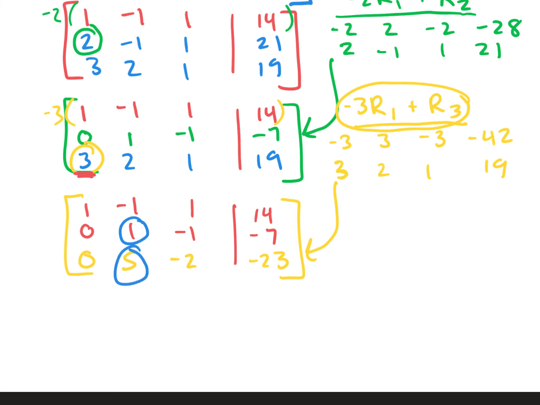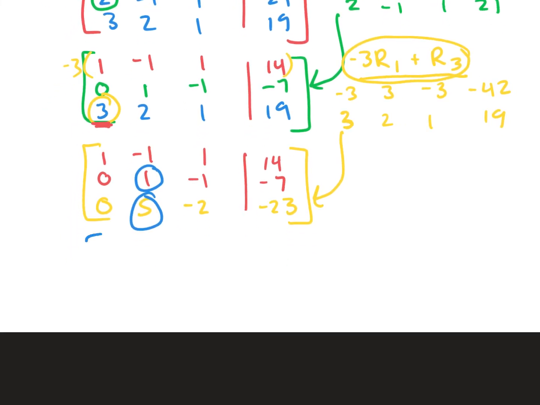Multiply the top one by 5. If I multiply the top row by 5, what do I get here? A 5. And what's 5 plus 0? 5. So that changes that number, which we want it to be 0, to be 5, which is not good. So what else can we do? Oh, the second one. Multiply the second row by -5.